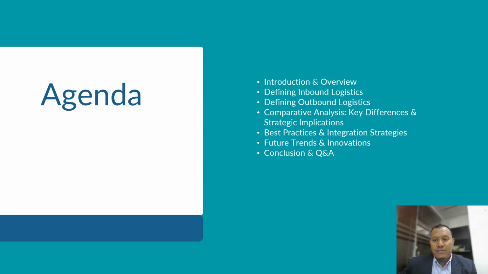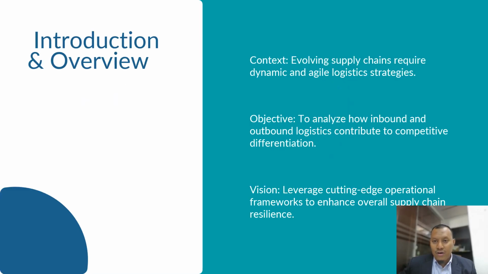After that, we're going to go through the comparative analysis between the key differences and strategic applications, best practice integration strategy, future trends, innovation, and then we also will cover a little bit about just-in-time, JIT, strategy to reduce inventory and ensure material arrives at the right time. This will help us to minimize the quantity of the inventory in our warehouse. So let's go to our overview first.